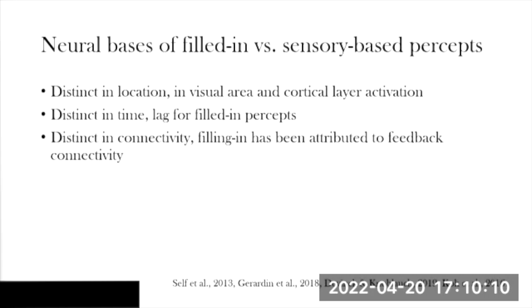And this is where the layers become important again. The layer-specific activations for filling in also implicate feedback connectivity because in general, in the visual cortex, deep and superficial layers of cortical areas are targets of feedback projections from other areas, but middle layers are targets of feed-forward projections.